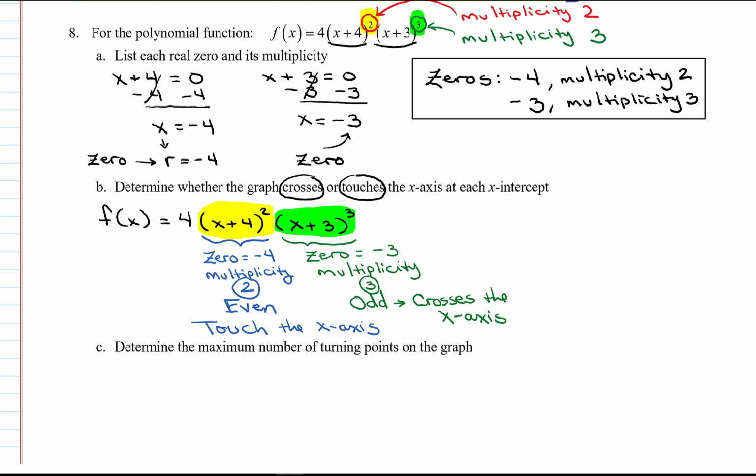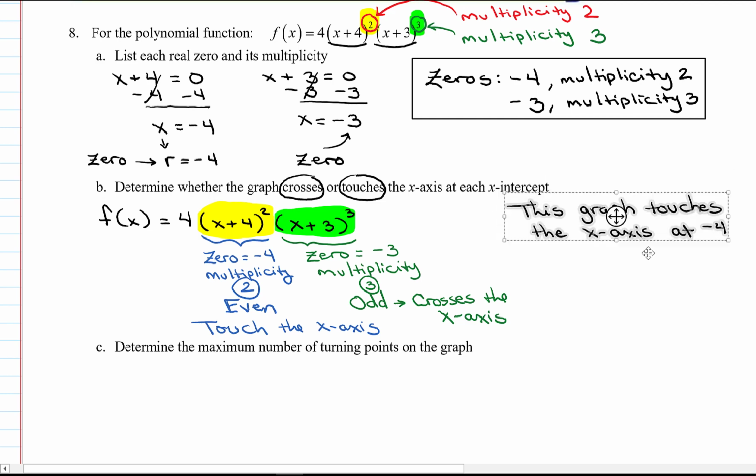All right, so let's go ahead and write out that answer so it looks a little nicer. So we're going to say that this graph touches the x-axis at, and let's write here negative 4.